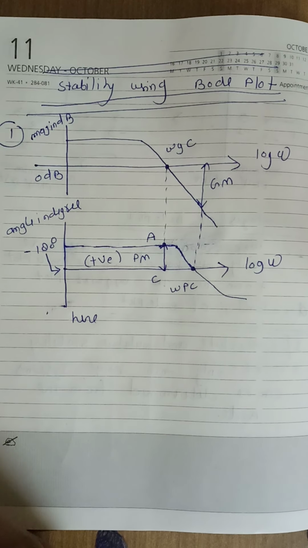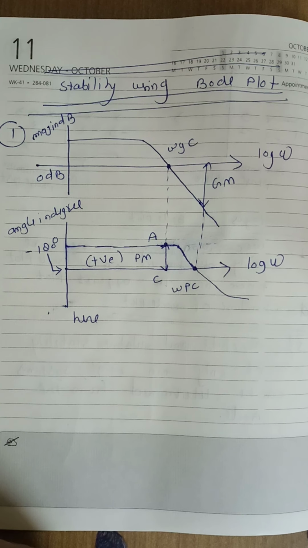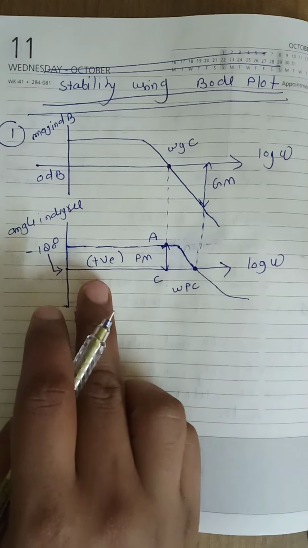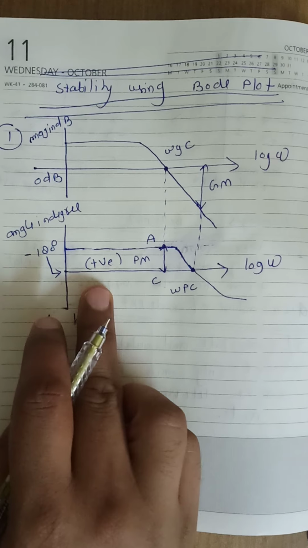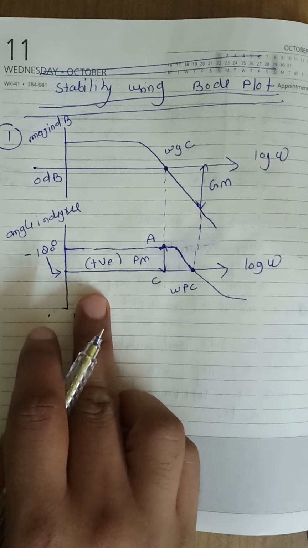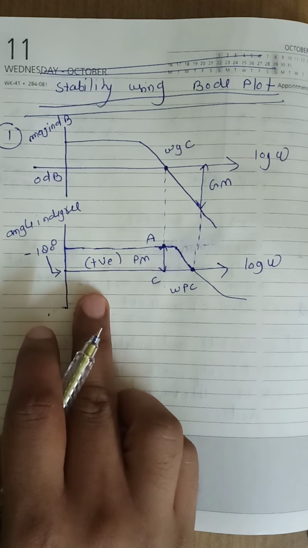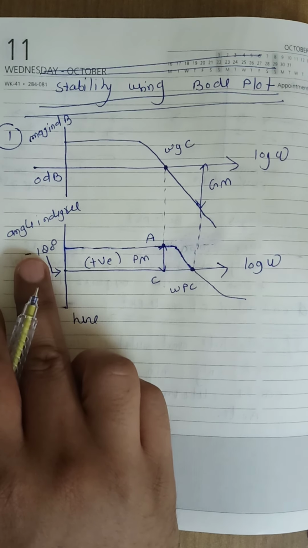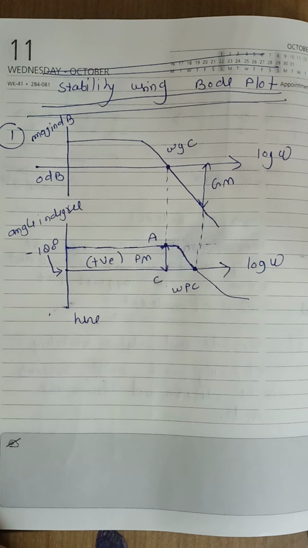If point A is below the minus 180 degree line, the phase margin is negative. I will show that in a second case. According to the diagram, you can easily see that point A on the phase plot is above the minus 180 degree line, so the phase margin is positive.